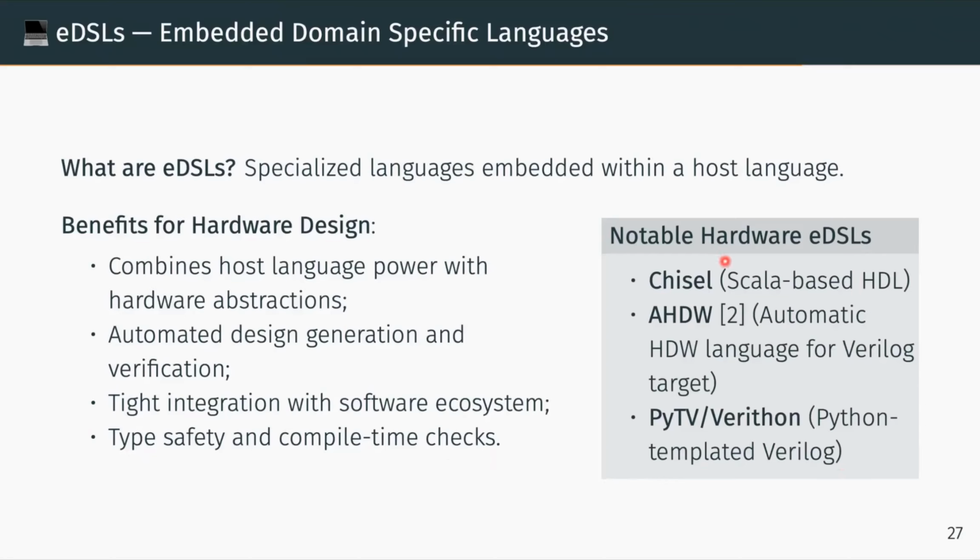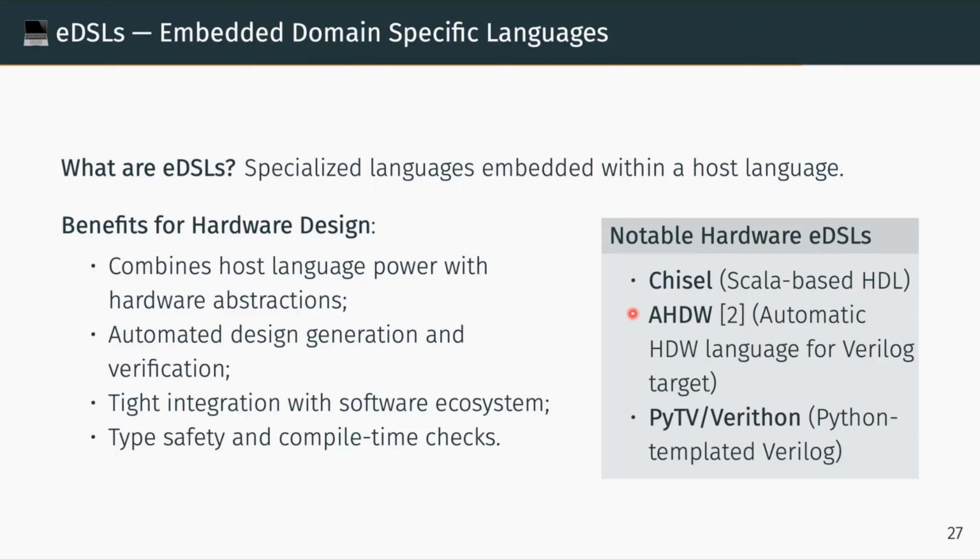Now, notably, here are some hardware embedded domain-specific languages. There's Chisel. I don't know how it's pronounced, but it's a Scala-based hardware description language. So you design in Scala, and then the logic is generated from that. And there is also my toy language.